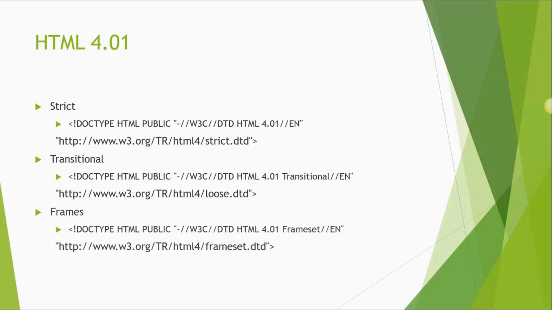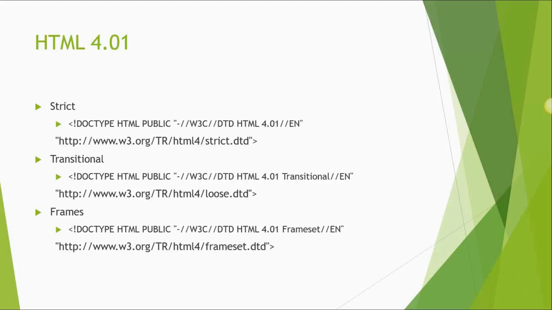public and W3C, that public is mentioned, the URI and HTTP. You can see the difference in those two Doctypes is this strict.dtd, the document type definition URL is different for both, and in the strict there is no definition of transitional. It's just blank, that W3C DTD HTML 4.0. So there is no mention of transitional, so it's strict.